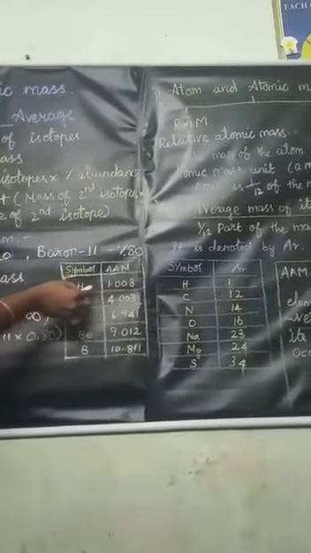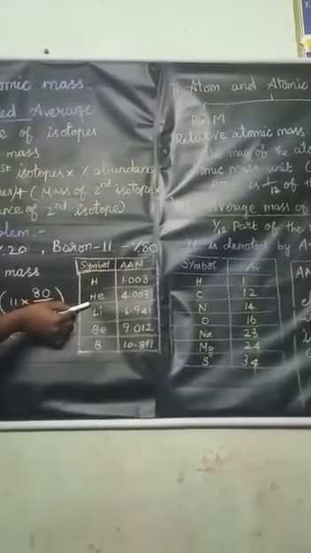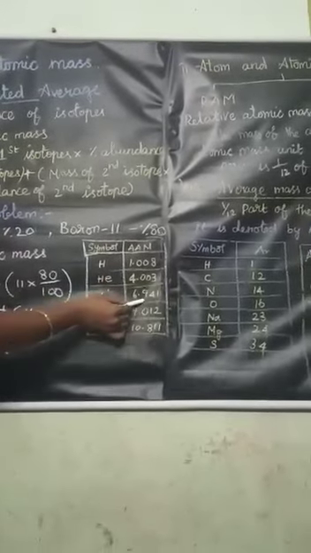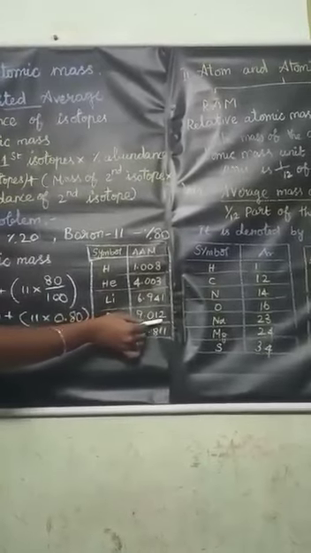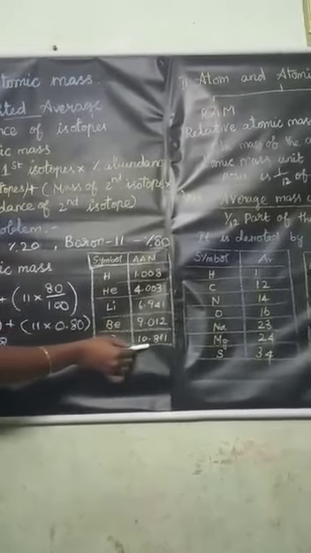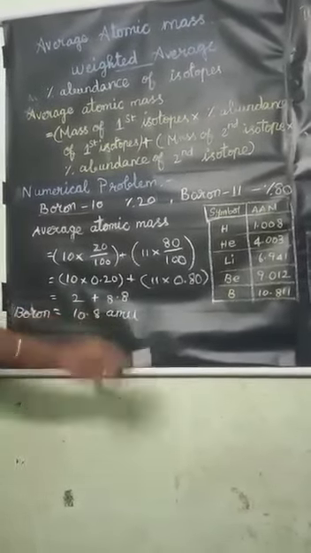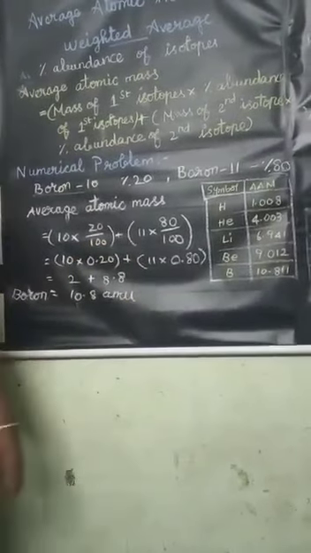Here the average atomic mass of hydrogen is 1.008. Next, for helium, He, 4.003, and lithium 6.941, and beryllium, Be, 9.012, and boron 10.811. Already we calculated the same value. Boron, what is the average atomic mass? 10.8 AMU. Okay, so I hope you understand this topic.